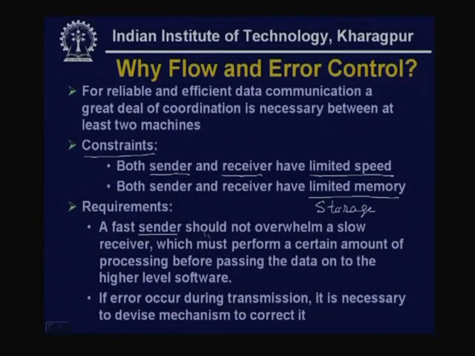In such a situation, the sender should not send at such a rate that the receiver is overwhelmed. So, we have to protect the receiver from being overwhelmed, and for that purpose the sender must send data in a very controlled way, because unless it is sent in a controlled way, there will be overflow from the buffer or information will be lost.